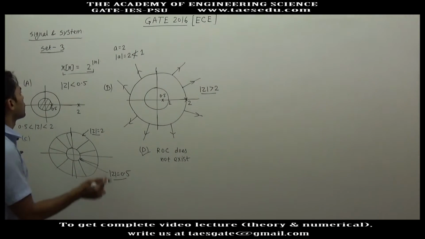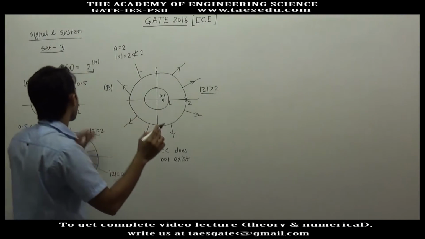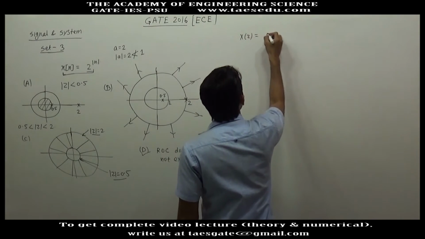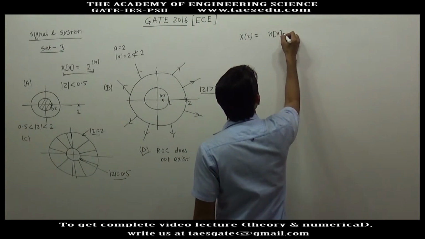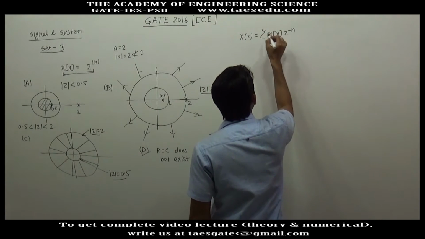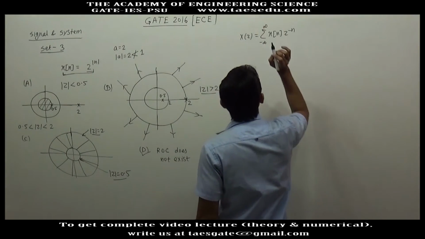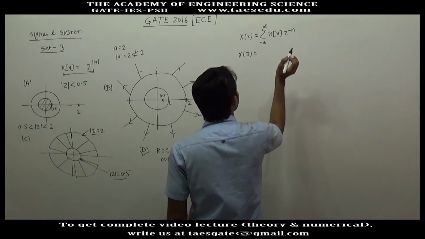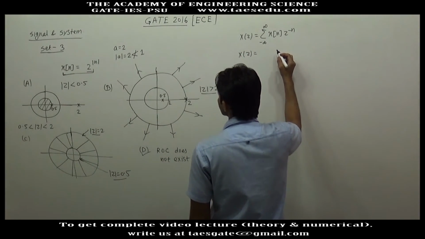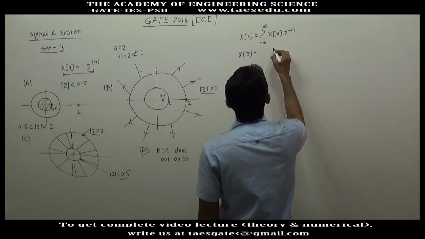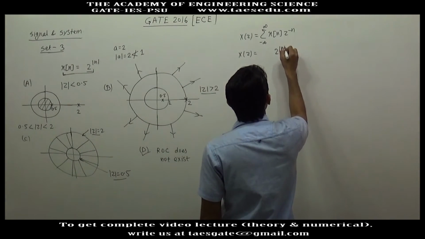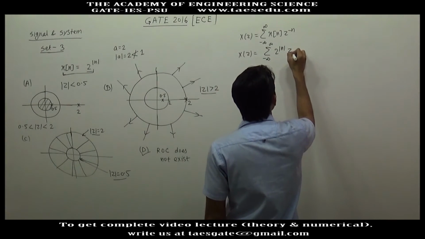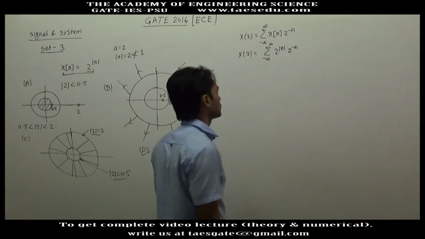Another way of finding ROC is to find the Z transform of this signal. So Z transform is the sum of xn z to the power minus n, with n varying from minus infinity to plus infinity. So X(z) will be the sum of 2 to the power mod n times z to the power minus n.